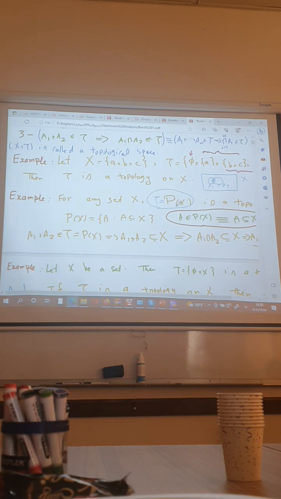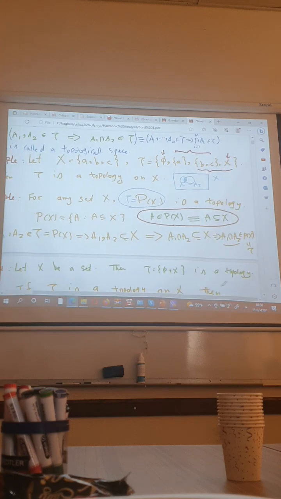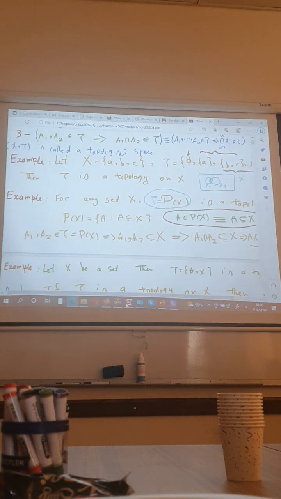Because any union of subsets of X is a subset of X. And also, if we have two elements in tau, it is very trivial that this intersection is a subset of X, so it belongs to P of X. This topology is called the discrete topology.